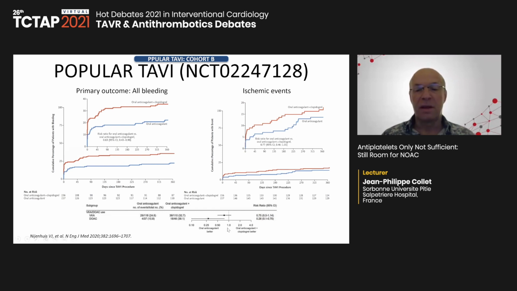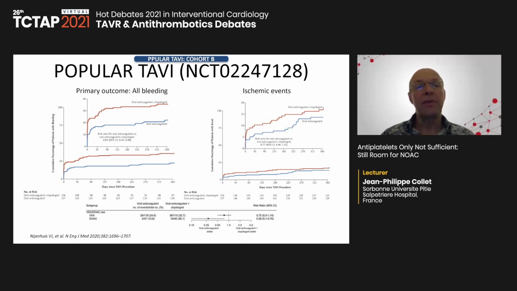And you can see that there is a very nice interaction when comparing VKA versus NOACs, and that the NOAC-exposed patients seem to have an even better safety when antiplatelet agents were withdrawn during the randomization process.